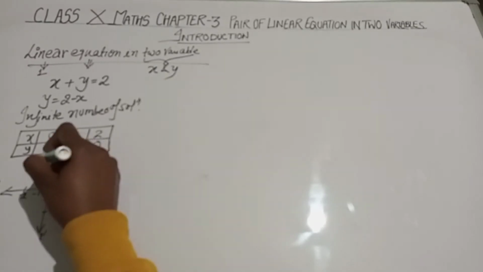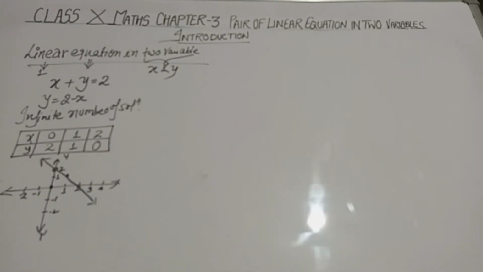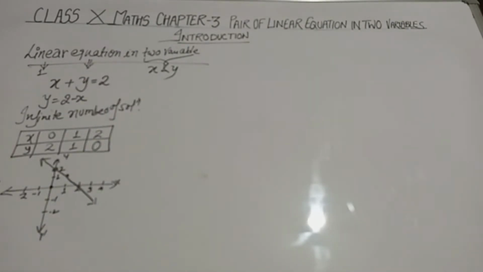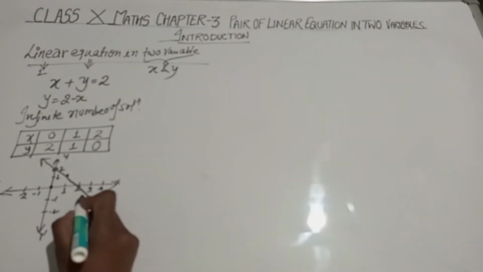From Class 9, we observe that a linear equation in two variables graphically gives a straight line.